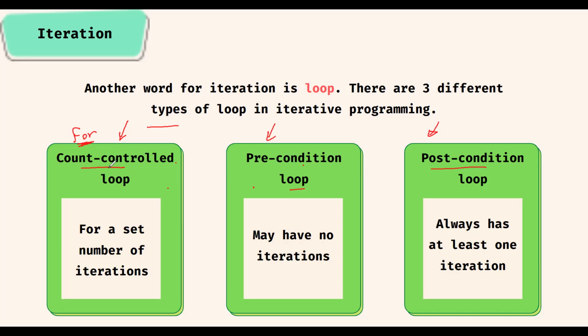We use a count controlled loop when we know how many times we want our loop to run. So we know upfront that we want the loop to run 5 times. So definitely you should go for this kind of loop.